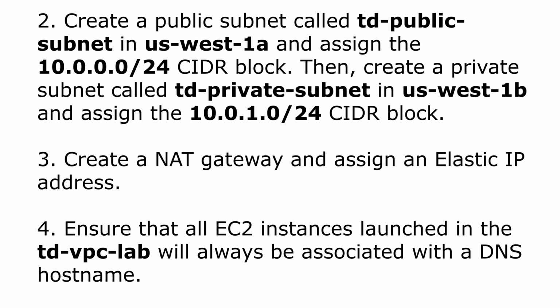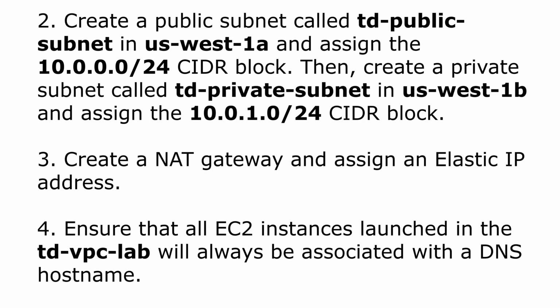Then, create a private subnet called TD Private Subnet in US West 1B and assign the 10.0.1.0/24 CIDR block. Then, create a NAT gateway and assign an elastic IP address. Lastly, ensure that all EC2 instances launched in the TD VPC lab will always be associated with a DNS hostname.